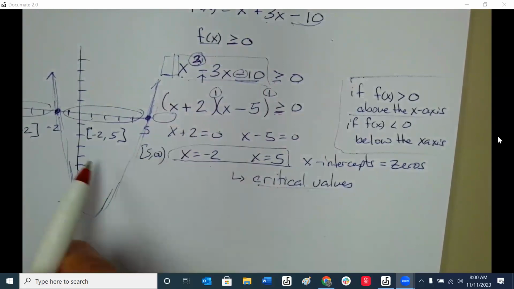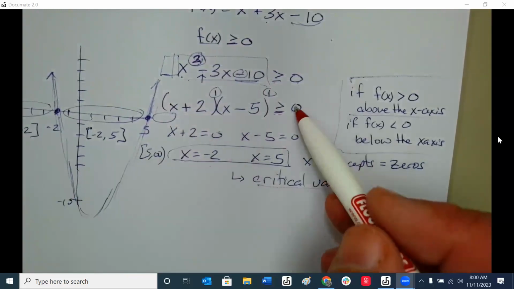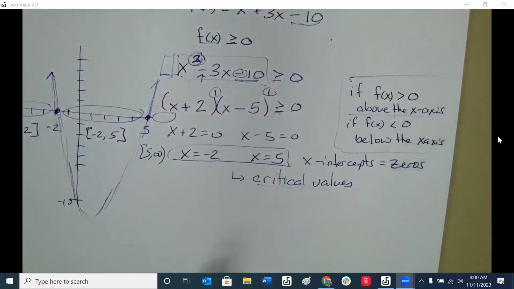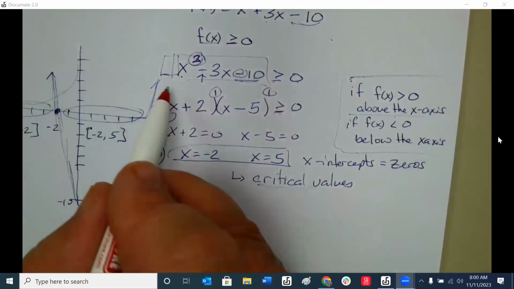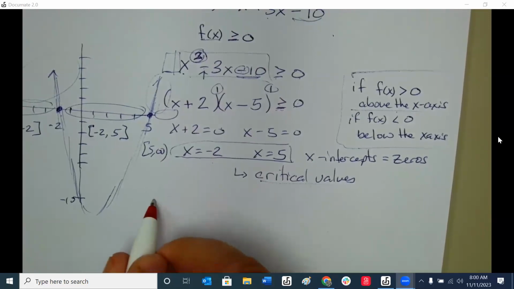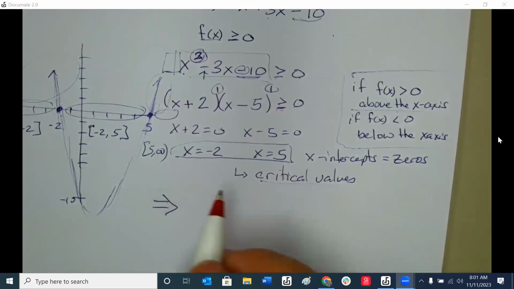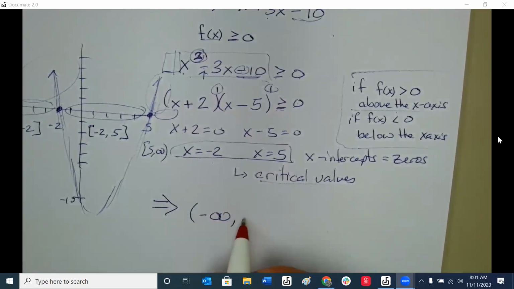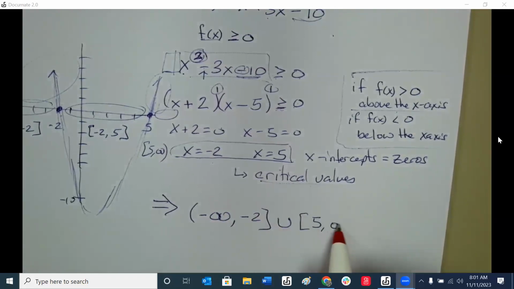Which of these intervals, if any, are greater than 0, above the x-axis? Well, here it is, and here it is. So our solution is the interval from -infinity to -2, union from 5 to positive infinity. That's our solution.